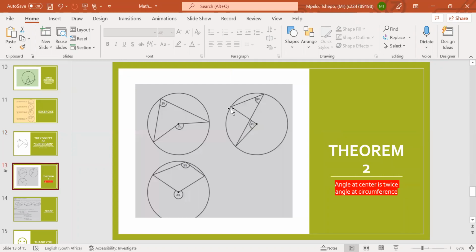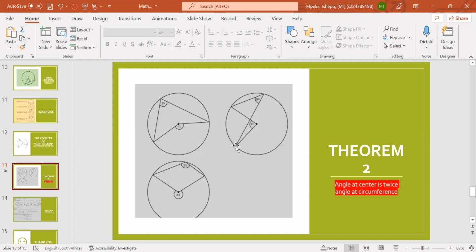Let us take this point, and then this other point. You see these two points. That's an arc. Now this arc subtends angle x2. Do you agree with me that angle x2 is subtended by this arc?